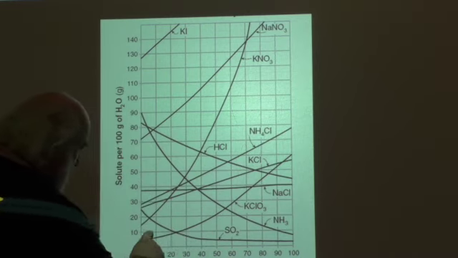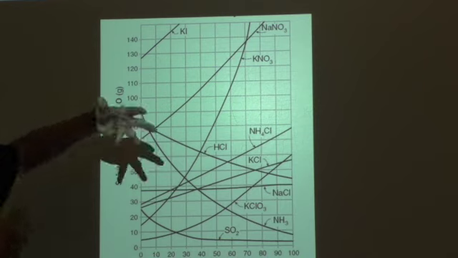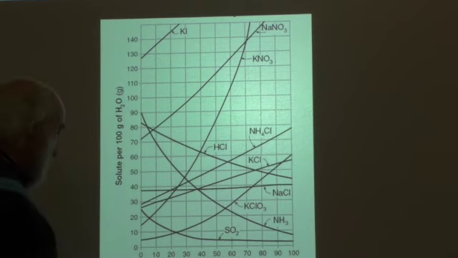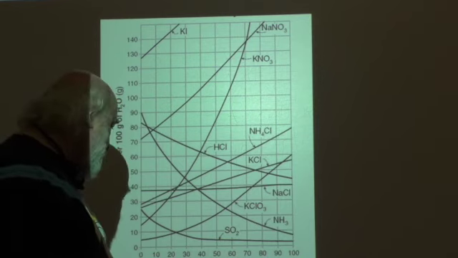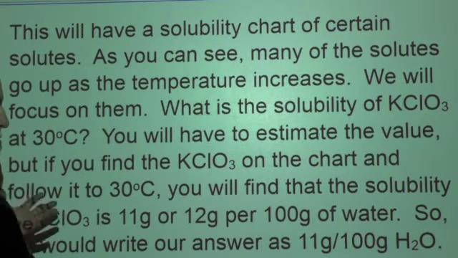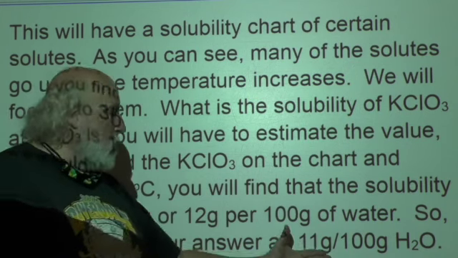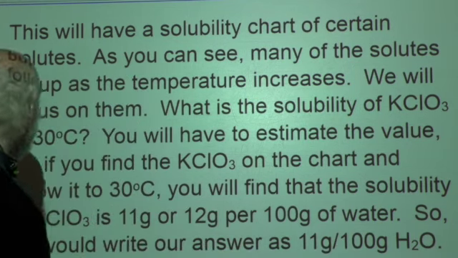And it looks like it's just above the 10. So we can say it's 10 or 11 grams per 100 grams of water. The entire label has to be placed on that. So let's just say it was 11 grams. We would write the answer as 11 grams per 100 grams of water.